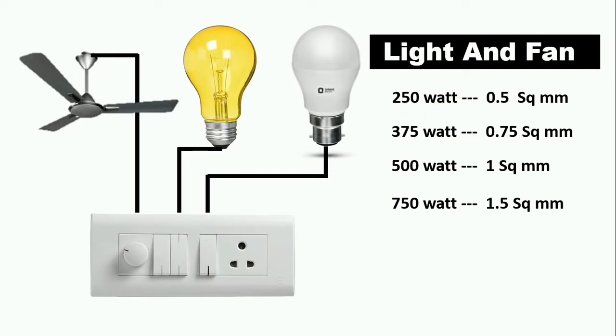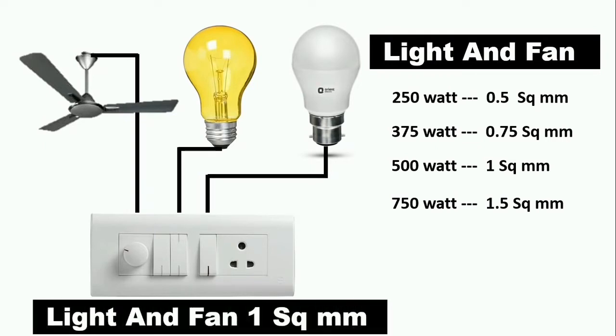If you look at it, these are varieties of power ranges from 250 to 750 at different ranges and different diameters. However, the most standard one, which all have agreed on and mostly use, is 1 millimeter for lighting and fans.